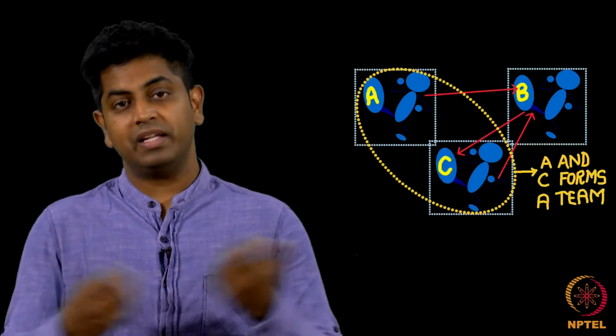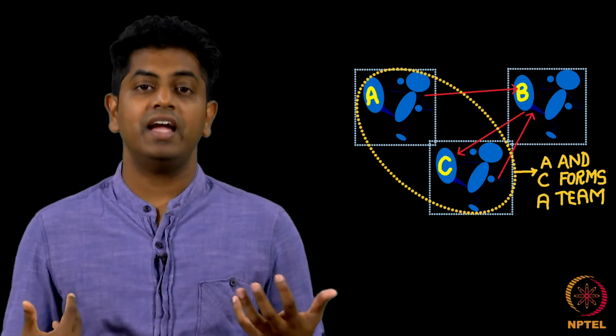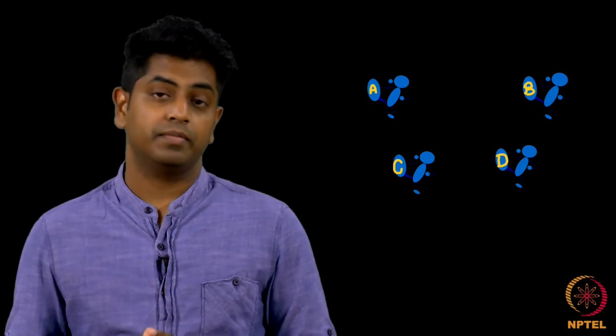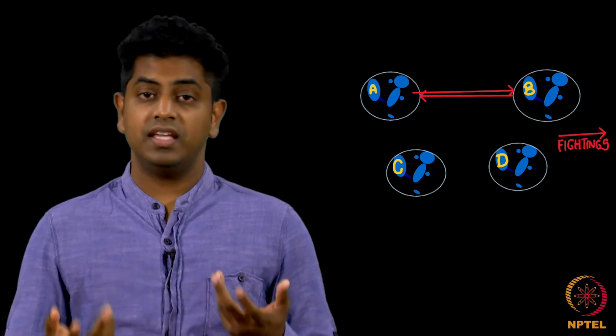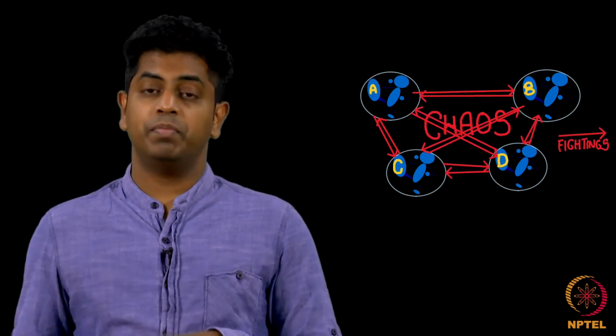So, when these people start taking sides, that enemy's enemy becoming friends sort of a thing, then there become two teams. Imagine there are 4 people who are trying to box in a boxing ring. What happens? Again the same thing. There is A, B, C and D trying to box with each other, and then A hits B, A hits C, A hits D, and every single person is trying to hit the other 3 people, chaos.